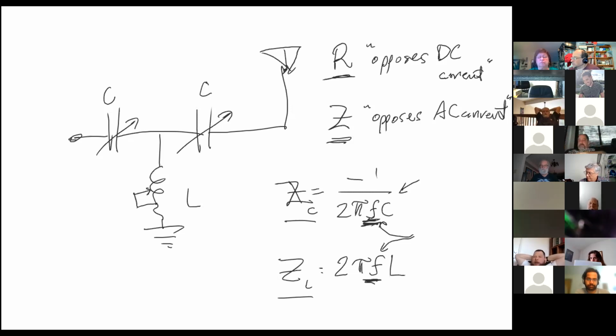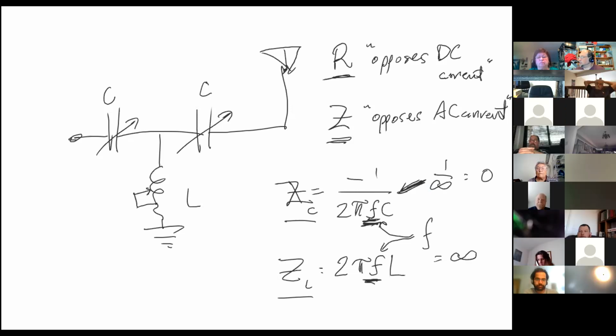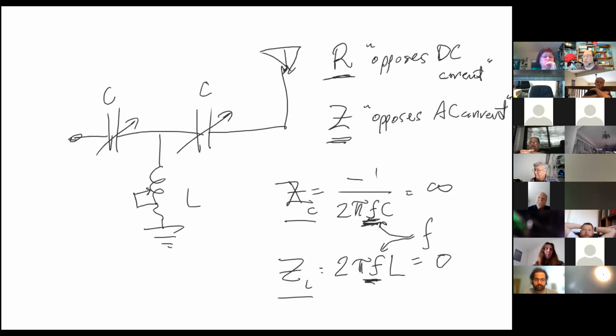So basically, if frequency goes up, you'll see that this number becomes 1 over infinity eventually, which is 0. And this one will actually go to infinity. Well, that is the extreme case that we were talking about a little while ago. The same thing is true if I have frequency going all the way to 0. Zero frequency would be DC. Well, if that's true, then this one goes to infinity and this one goes to 0.